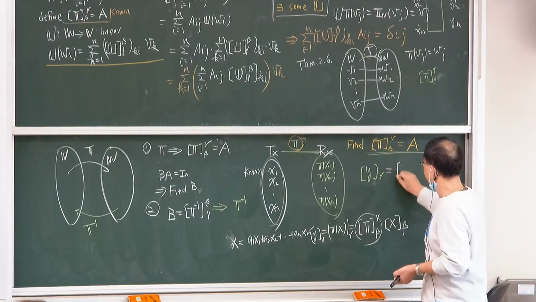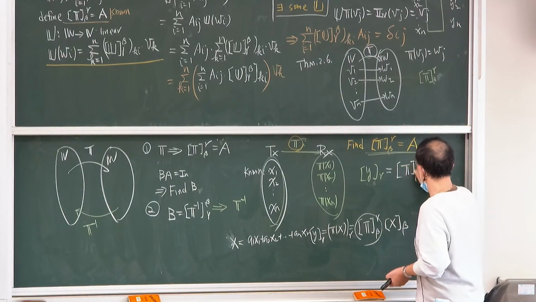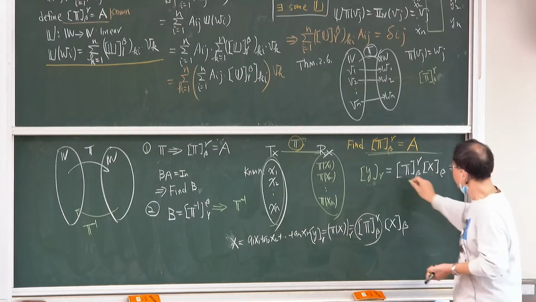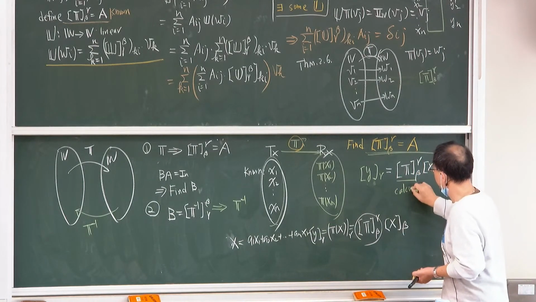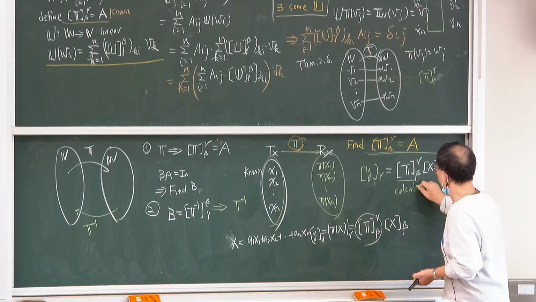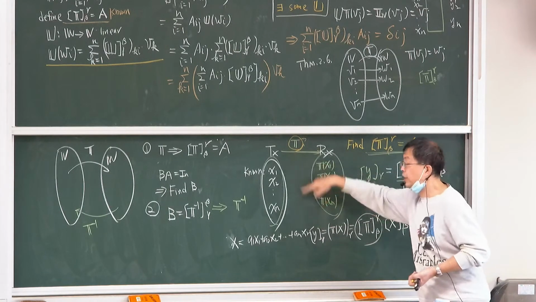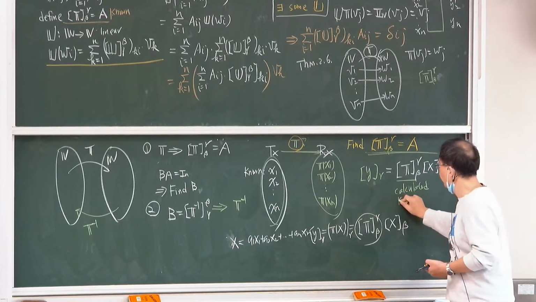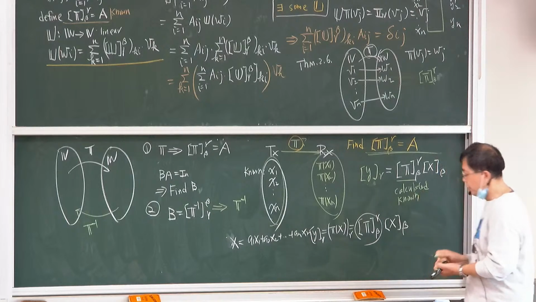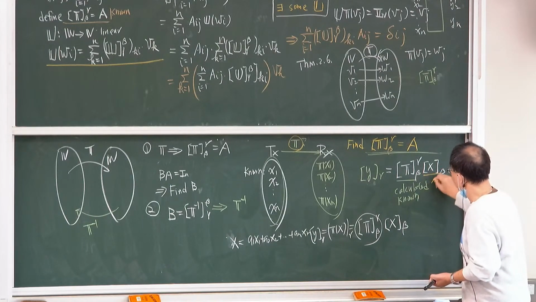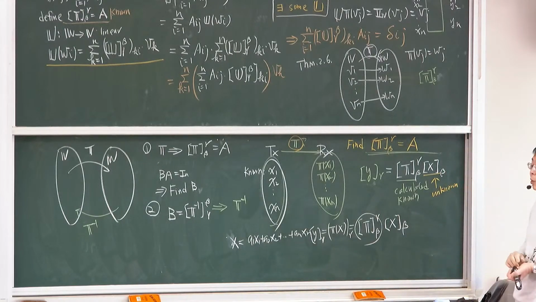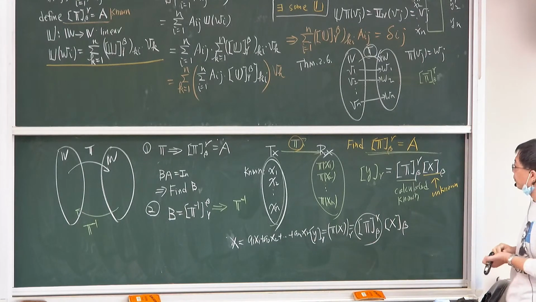I know that T beta gamma has been calculated from this information, from this linear transformation, so we already know it. The unknown is x with respect to beta, because in a communication system we don't know what was sent.